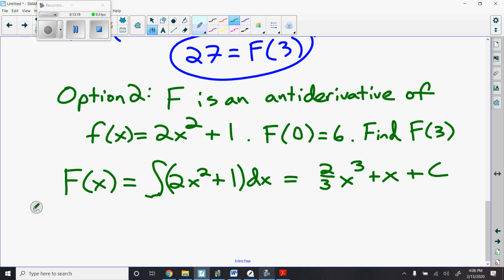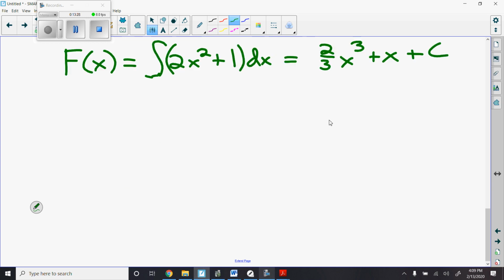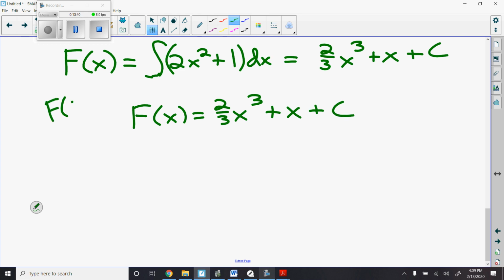I'm just going to evaluate that given my initial condition point and solve for c. Again, just to clean it up, I know f of x equals 2/3 x cubed plus x plus c. So now I'm just going to plug in the point f of 0 equals 6. I'm going to solve for c. Figure out what that constant is.